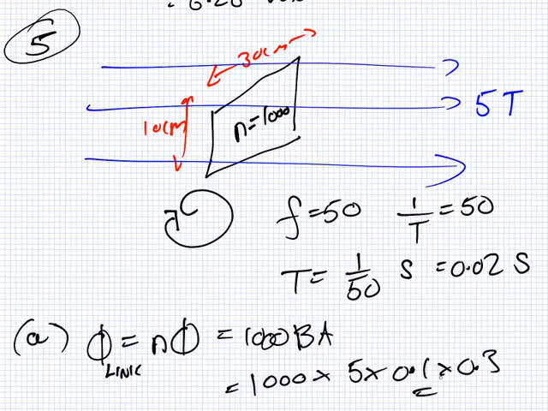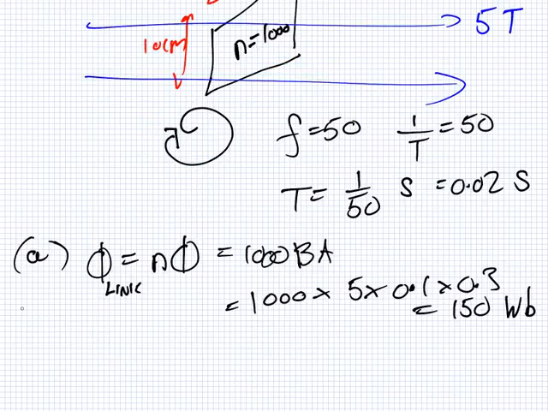So how many Webers is that? 150 Webers. Well, this is the total flux. It's n times the flux of one loop.